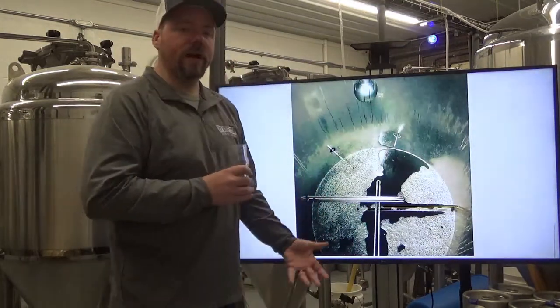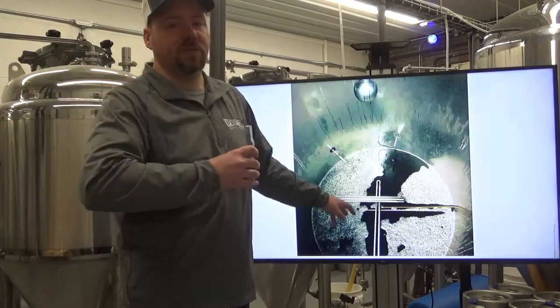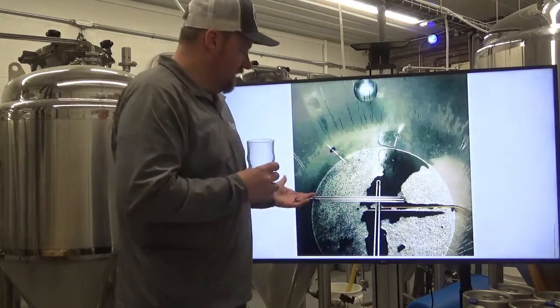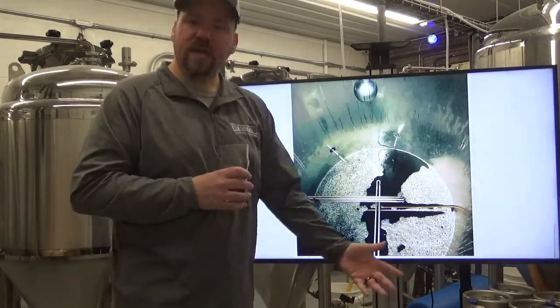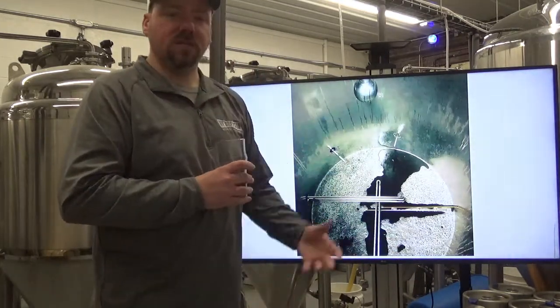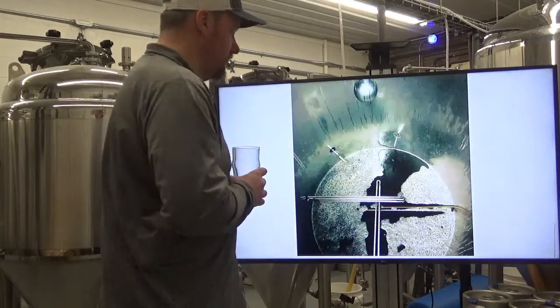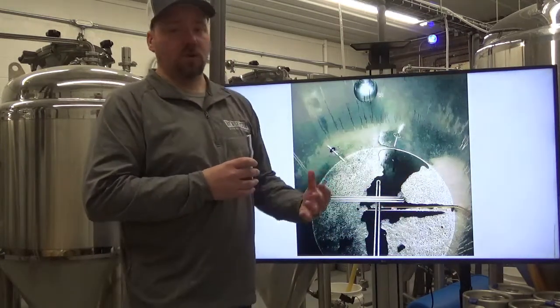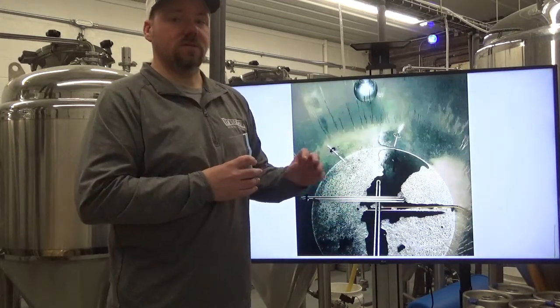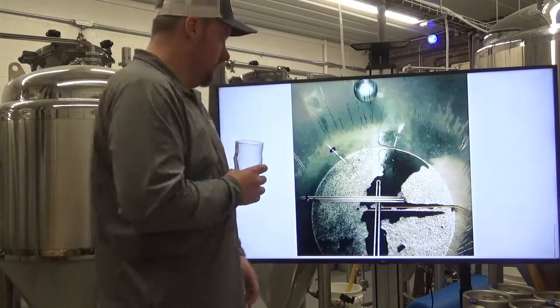So our wattage density is rather low. These are 6,000 watt elements each, and they are 2.5 feet long. I'm going to do the math in my head, but it's relatively low wattage density for electric elements. The shorter or smaller your elements are, the more dense your wattage density is, the more likely you're going to get some scorching.